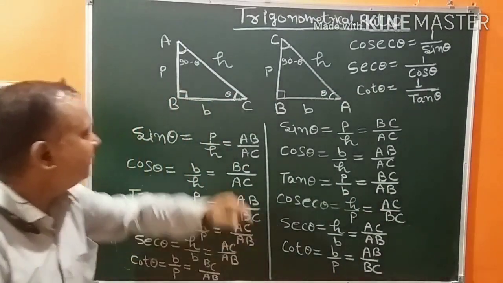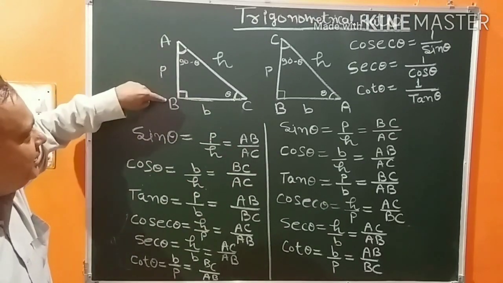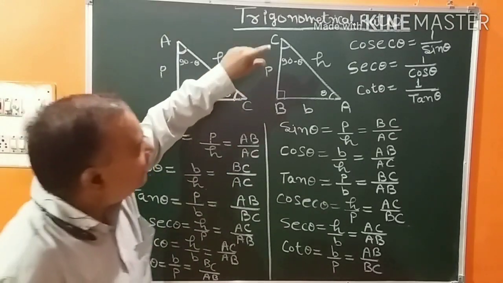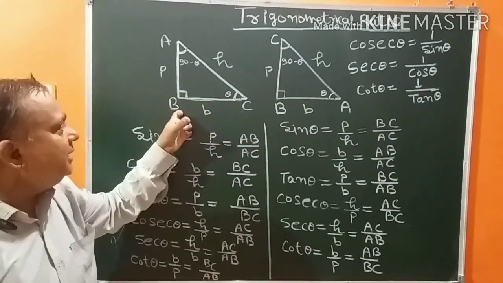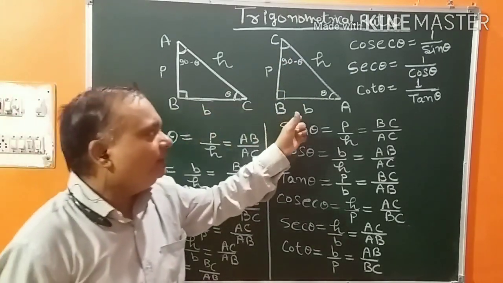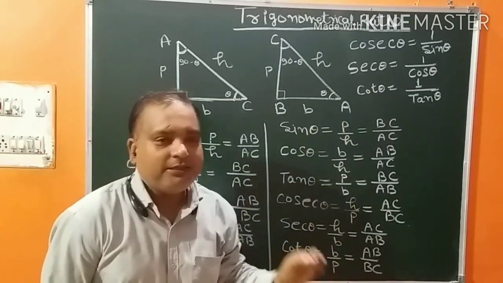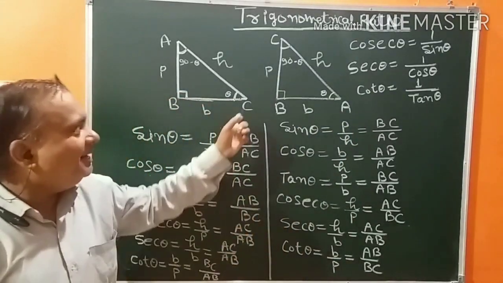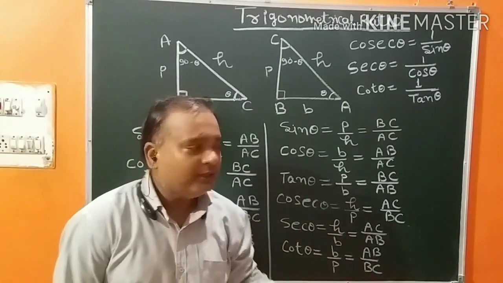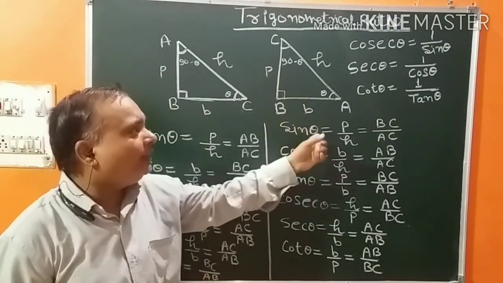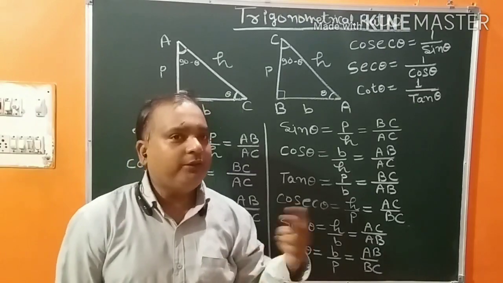Now look at this figure. Here the perpendicular is AB, but here the perpendicular is BC. Here the base is BC, here the base is AB. Means the summary is that when we interchange the position of angle in a right angle triangle, the position of perpendicular and base will also interchange.